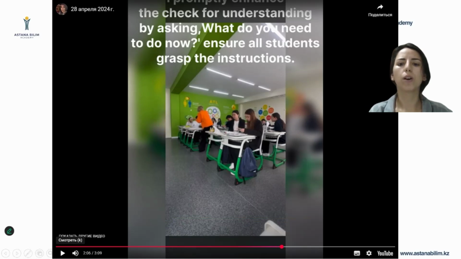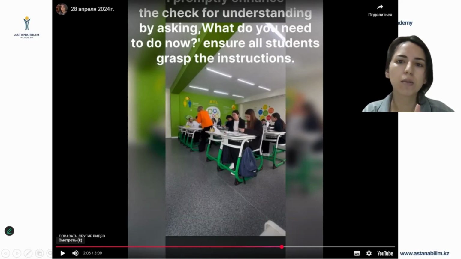So now what is the teacher doing? Yes, she is giving instructions. Then she asks, what do you need to do now? And students are answering the question. So it means that she's checking instructions. And after that, please pay attention here.